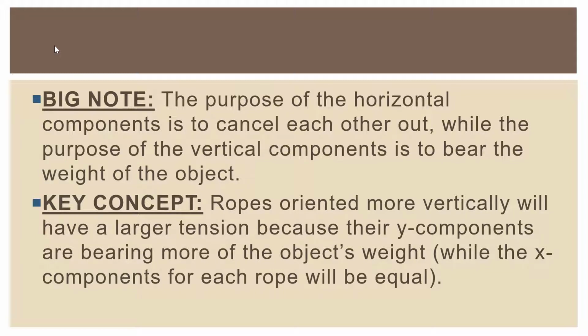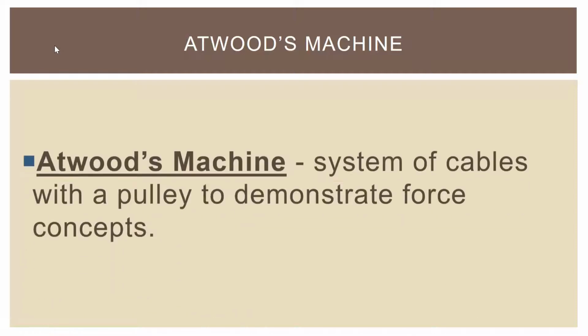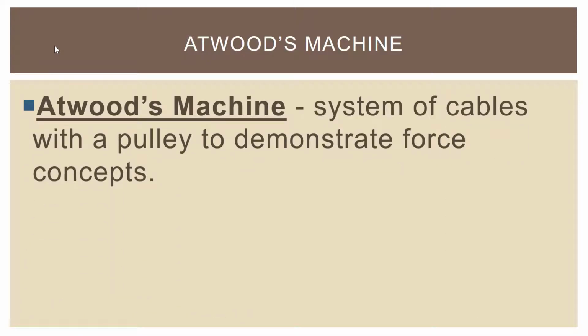It is an incredibly important problem. And so it's really important that everybody understands this back and forth, left and right, up and down, through and through. You need to be able to solve one of these in your sleep. The obvious question here is, well, what the hell is an Atwood's machine? An Atwood's machine is a system of cables with a pulley to demonstrate force concepts.